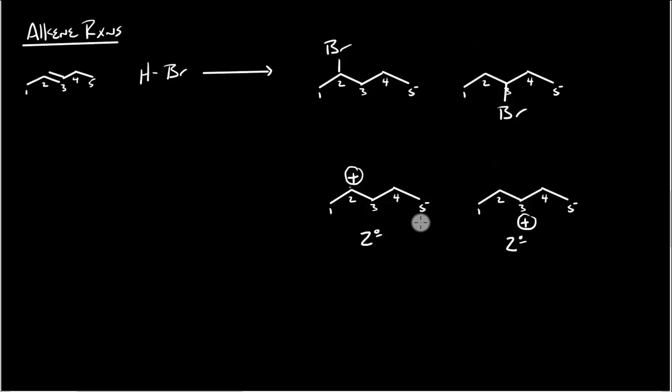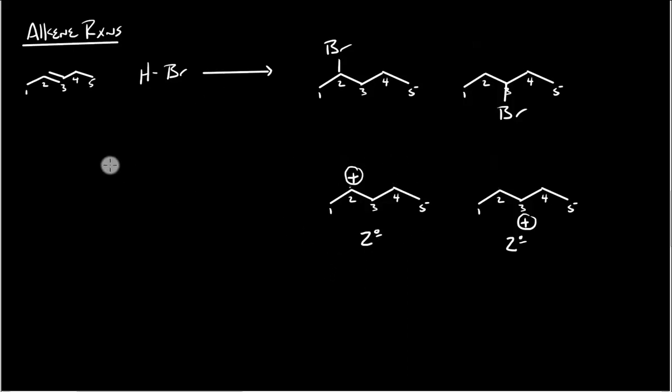Since our only distinguishing criteria at this moment is primary versus secondary versus tertiary versus maybe a methyl, that's really our only metric for being able to say whether a carbocation is more or less stable than another. Since they're both secondary, there's really no preference by the molecule one way or the other.